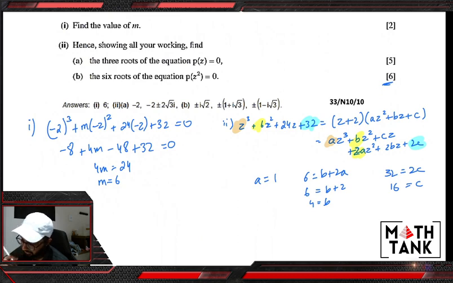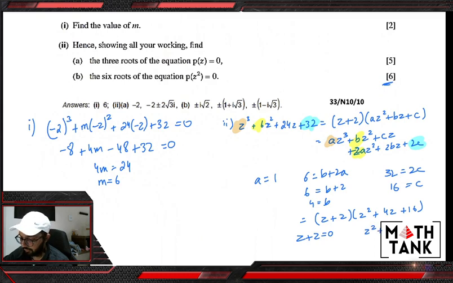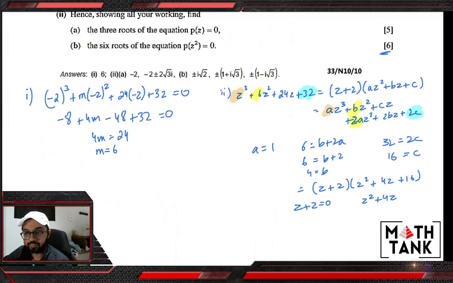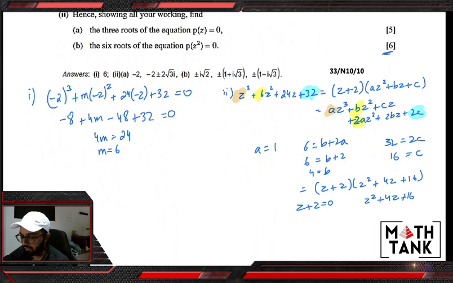I should verify that. Yeah, that's 16, that's correct. So z plus 2 and z squared plus 4z plus 16, so either that equals 0 or this equals 0, so z squared plus 4z plus 16 equals 0.